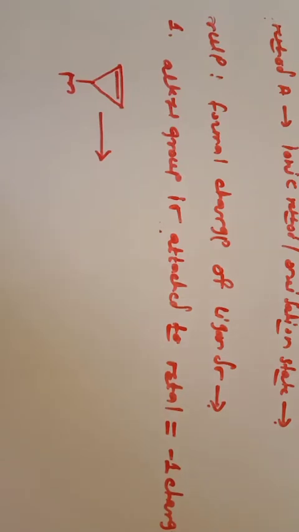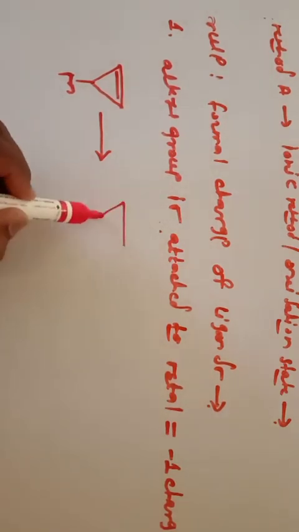you should keep in mind that whenever an alkyl group is part of a cyclic system or part of a ring, you must see the aromaticity before finding out the formal charge.